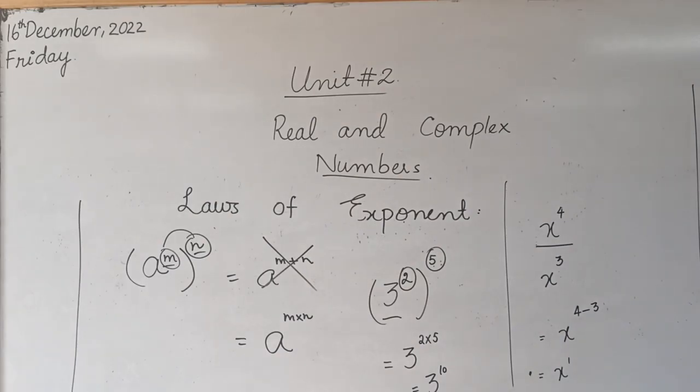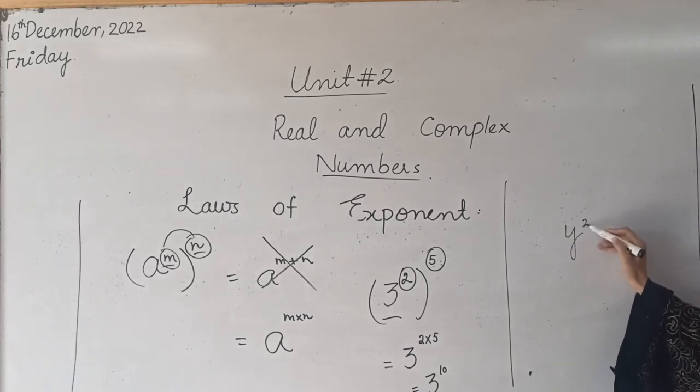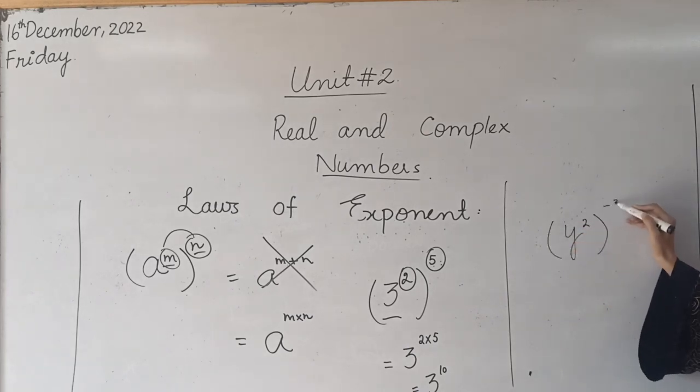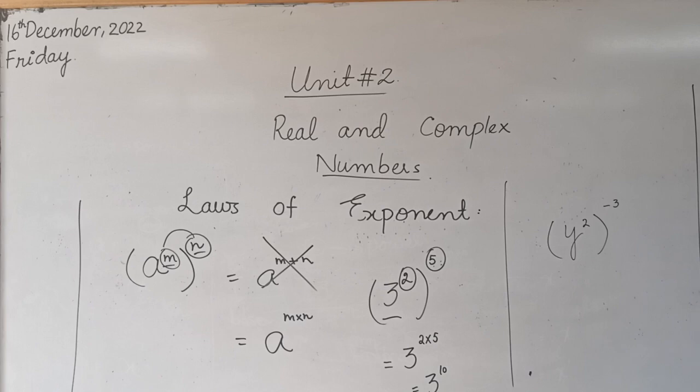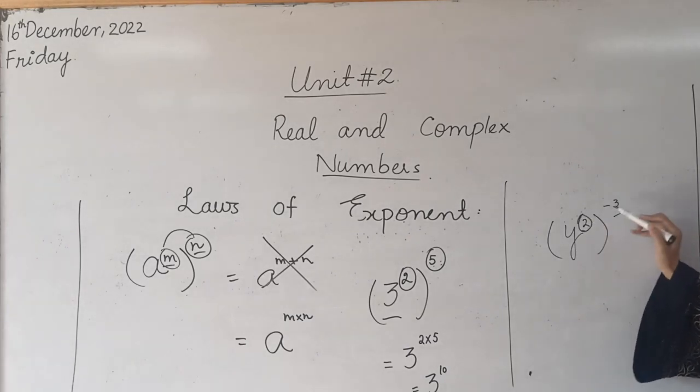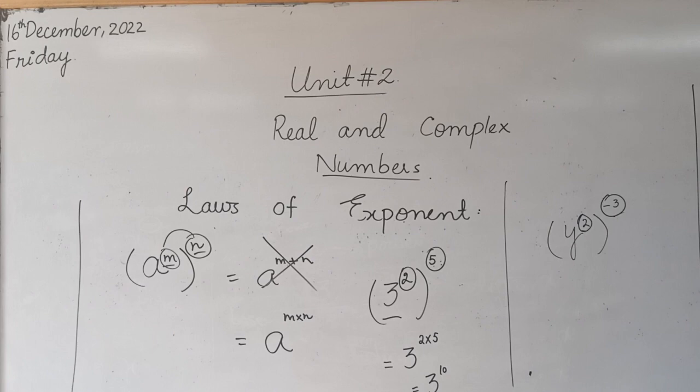Similarly, if we talk about the variables, like I have y raised to power 2 and, for example, minus 3. Will we subtract these two numbers, 2 and minus 3? No. This 2 and this number minus 3 both are multiplying with each other.